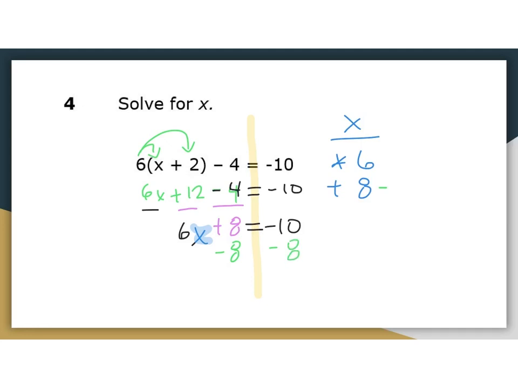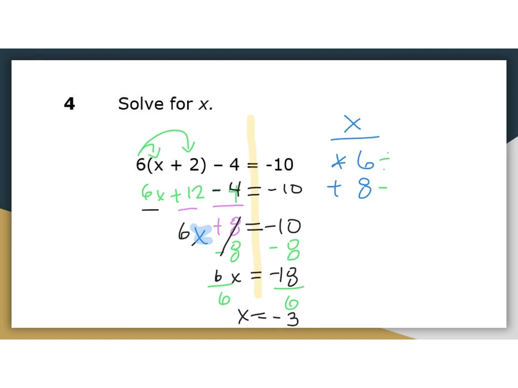And then the 8's are going to cancel out, leaving us with 6x equals negative 18. And then the next step is going to be to divide both sides by 6, and that's going to come out to x equals negative 3.